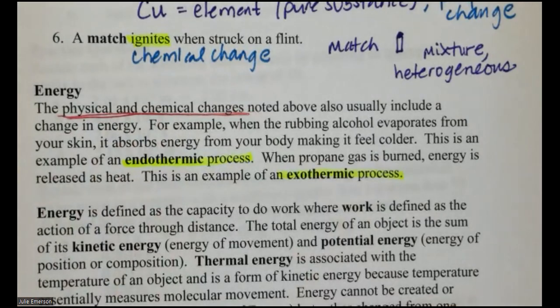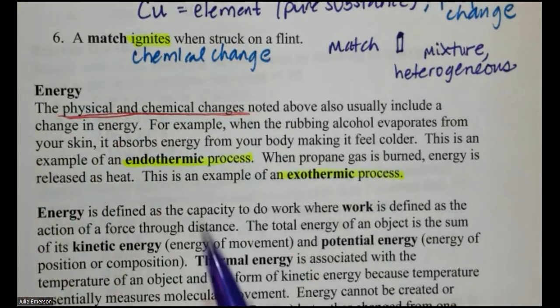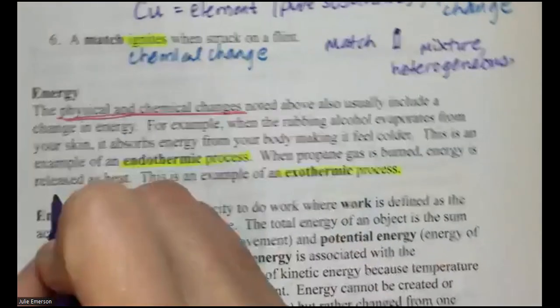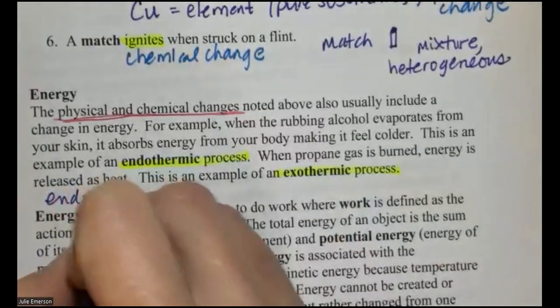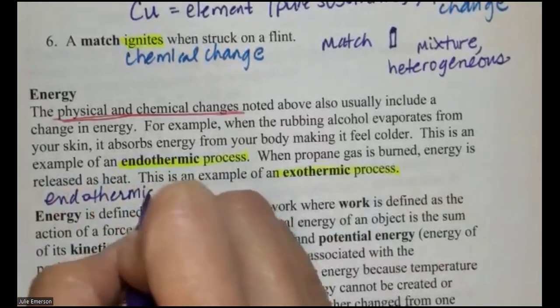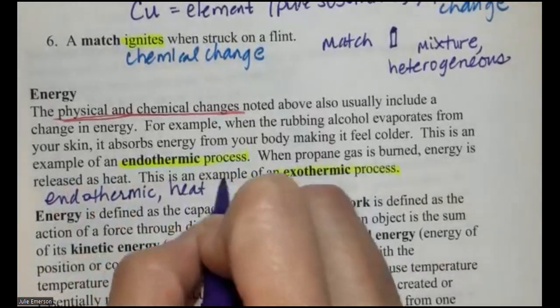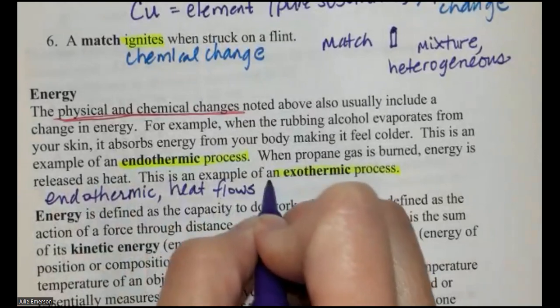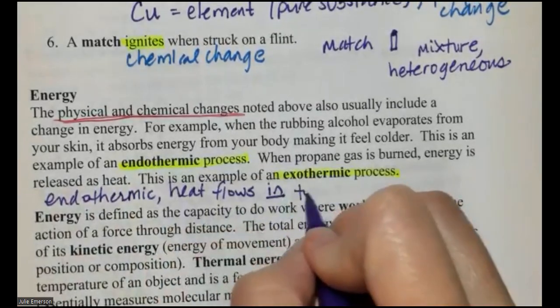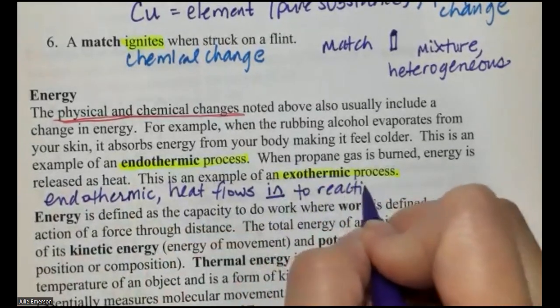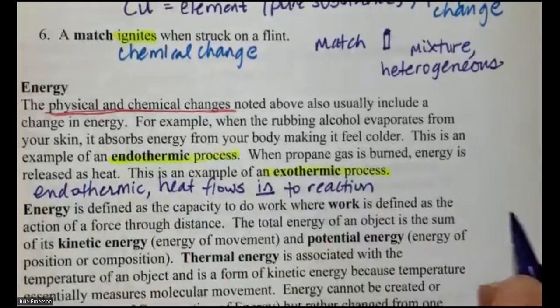So it's for both of those. What happens is if it is an endothermic process, the way that I remembered this when I was learning it, endothermic, heat flows in to the reaction or to the process, to the change, whatever it is we're doing.